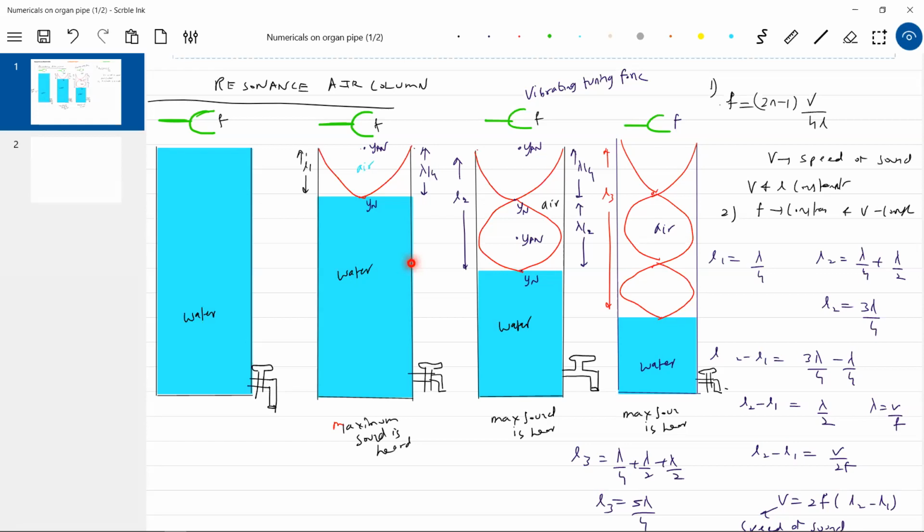Then it starts decreasing, no sound, again it starts increasing, maximum sound. So we are more interested in the resonating length, where I'll get maximum.